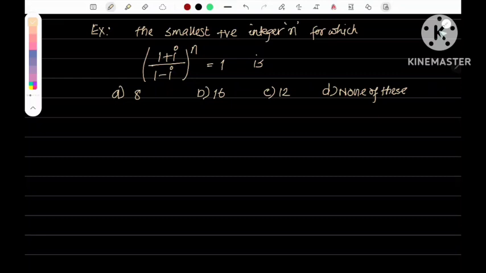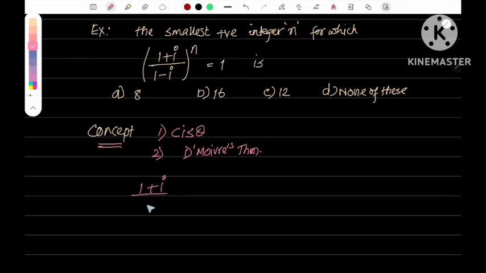Another example. Here the concept that we are going to use is the properties of cis theta, number 1, and number 2, De Moivre's theorem. So let us take this (1 plus i) divided by (1 minus i) to the power n.